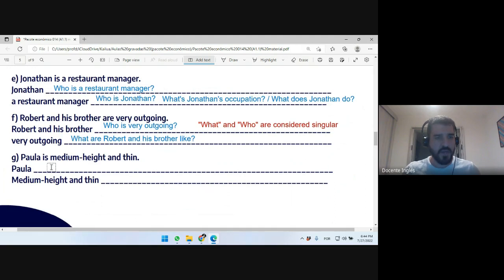And letter G, we have Paula is medium height and thin. Paula is a person who is medium height and thin. Medium height and thin is the physical appearance of Paula. So in this case, what does Paula look like?